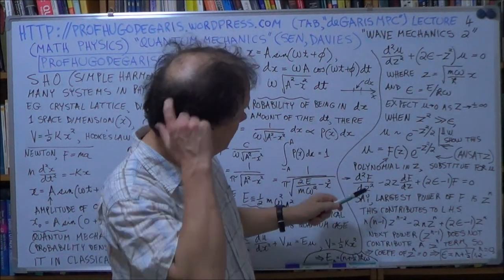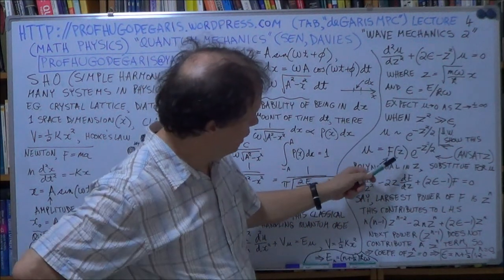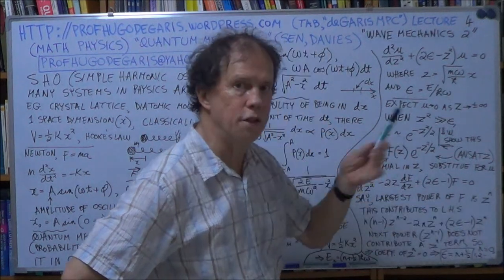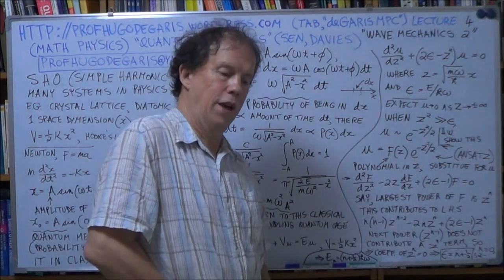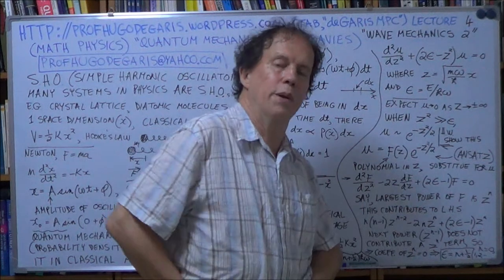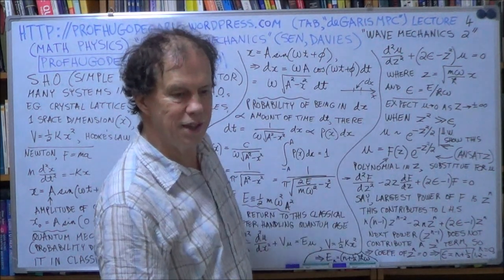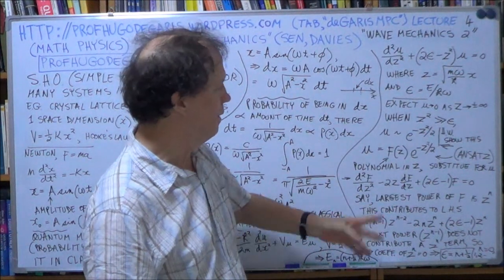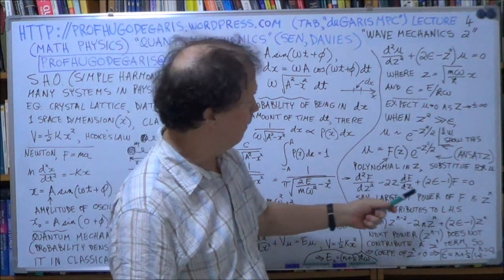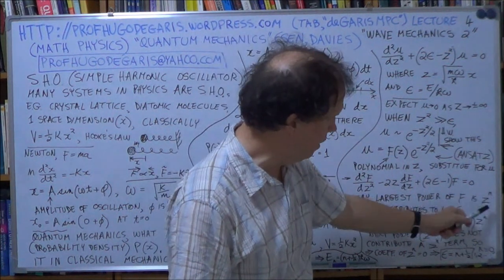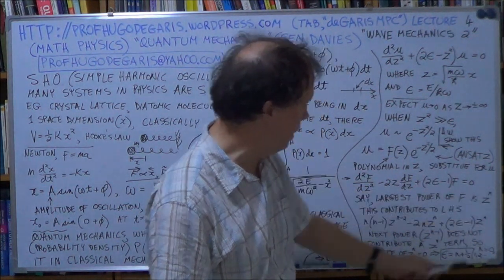Okay, now say the largest power of this polynomial is n, z to the n. That's your highest power. Like if your polynomial was a cubic, it would be like z cubed plus a z squared plus b z plus c. Now, let's assume your largest power term is z to the n.